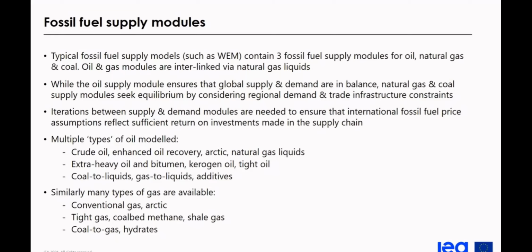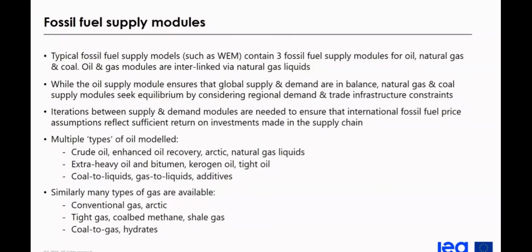In the case of natural gas, there is some infrastructure, like pipelines, that determines where a certain production will be consumed, but we observe with LNG that natural gas is increasingly a global resource.